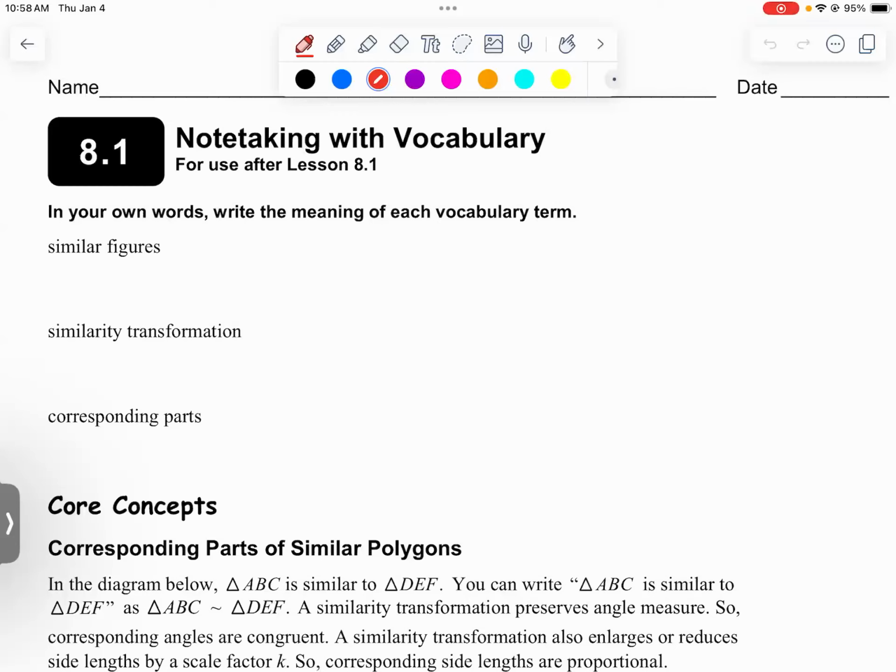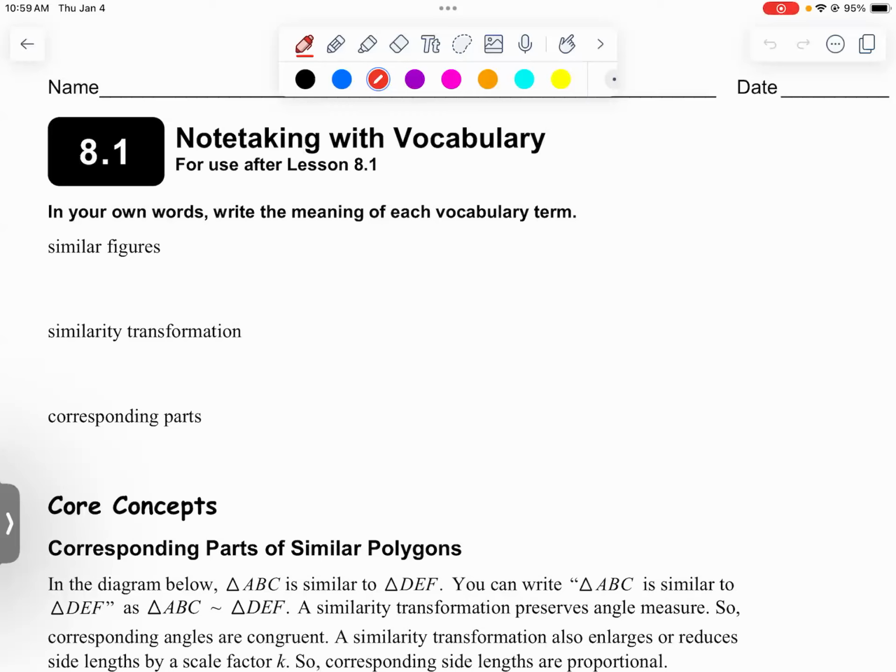Who can tell me what it means to be similar? Similar figures, what does that mean? Not quite the same, but how are they similar? How are they the same? Like the same angle. Okay. Do they have the same number of sides?